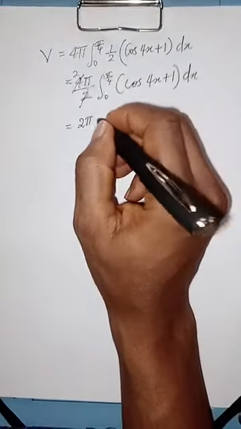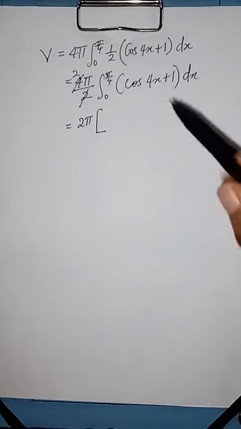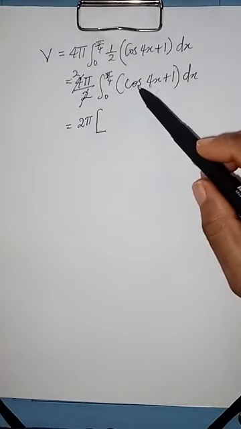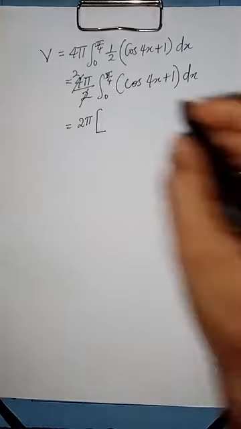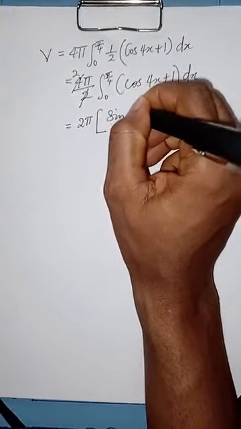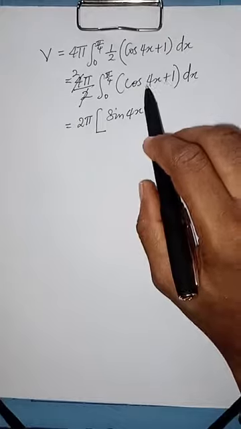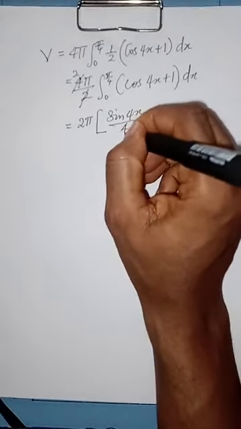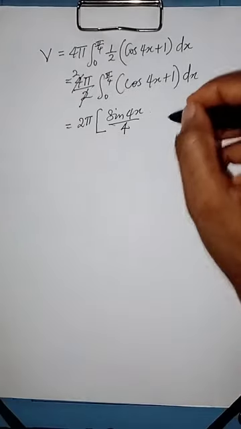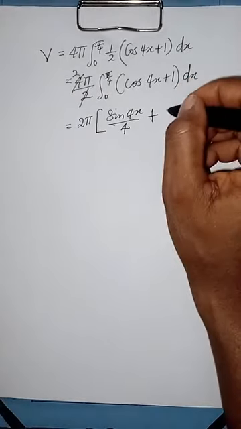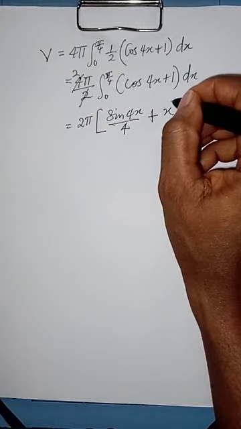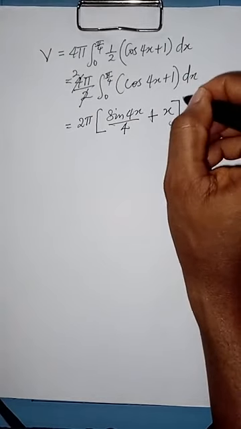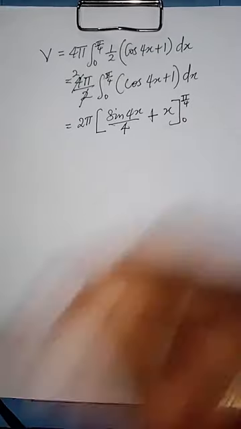If you integrate this, what will you have? Recall, if you integrate cos, it's sine. So this is going to be sine 4x. If you differentiate 4x it is 4, so you divide by 4. If you integrate 1, which is a constant, you get x, bounded by 0 to pi divided by 4.